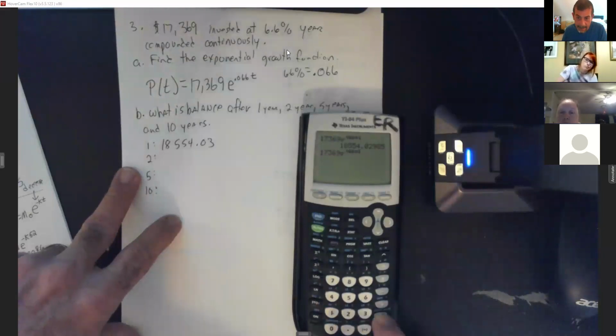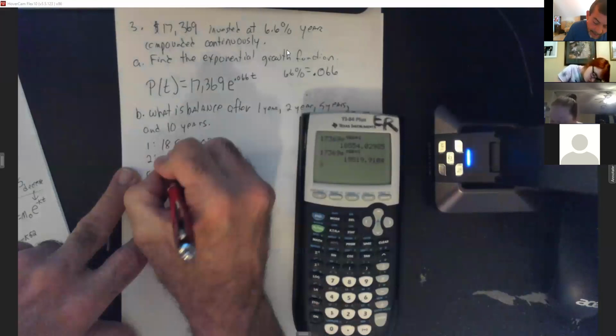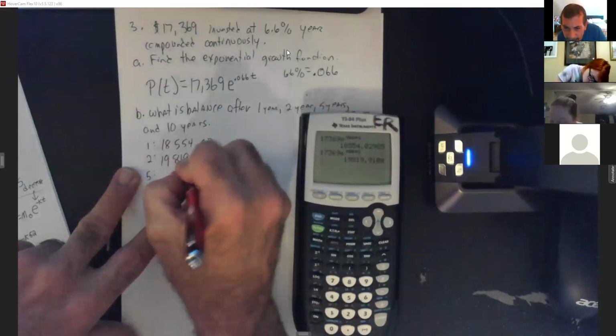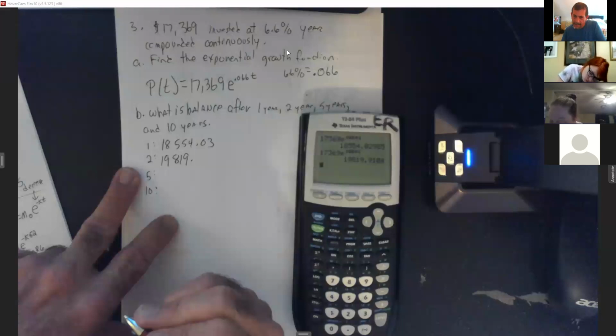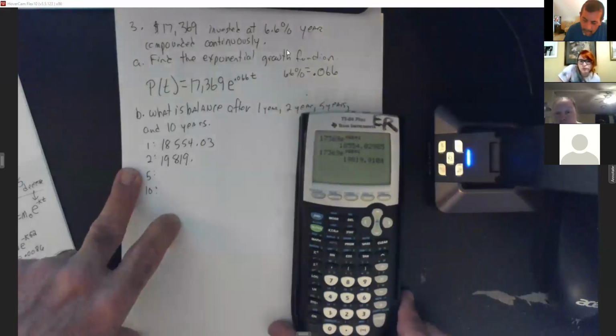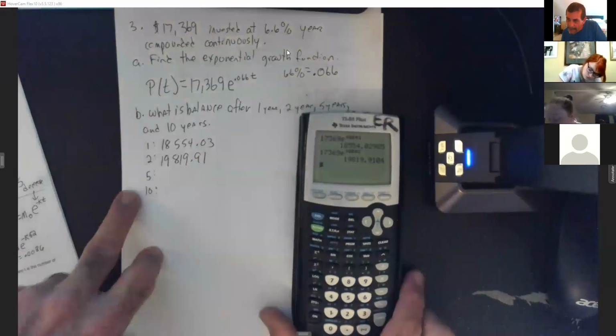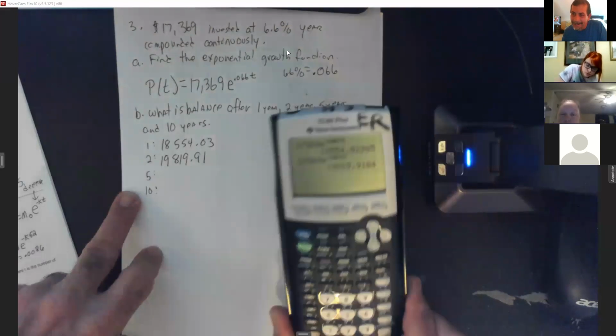When I hit that in there, I'm getting 19,819, and let's see, is that a 104? So that'll be a 0.91. Zeros and eights are hard for me to tell on these calculators.